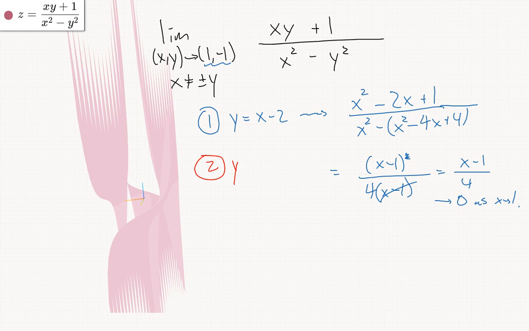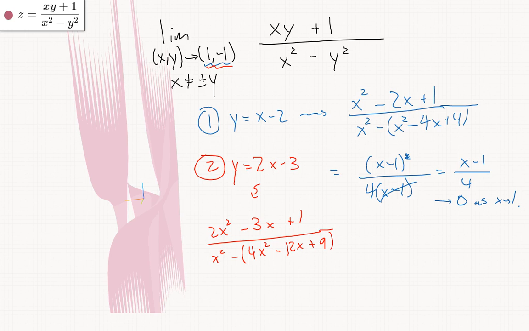Right, now let's try along a different line. So let's try along y equals 2x minus 3. And again, we can see that that includes this point. So now our fraction becomes (2x squared minus 3x plus 1) over (x squared minus 4x squared minus 12x plus 9).